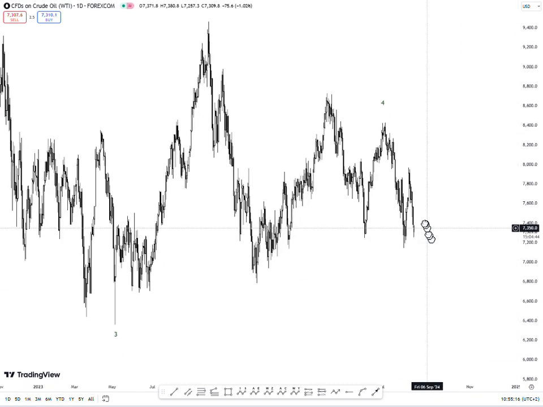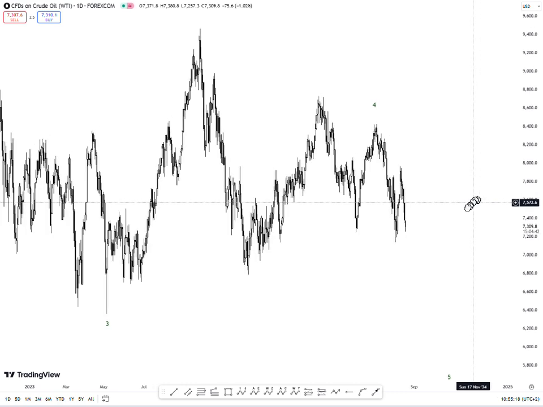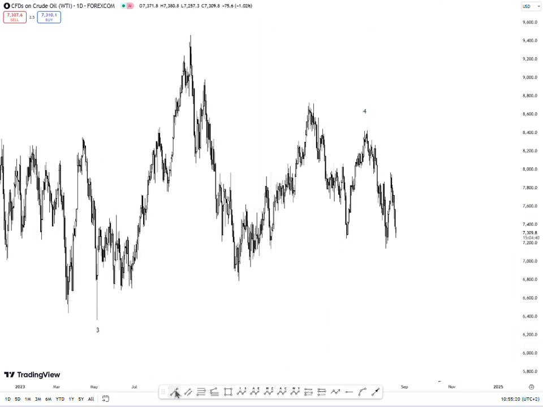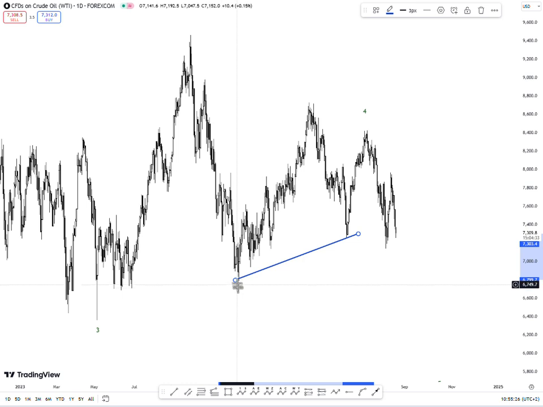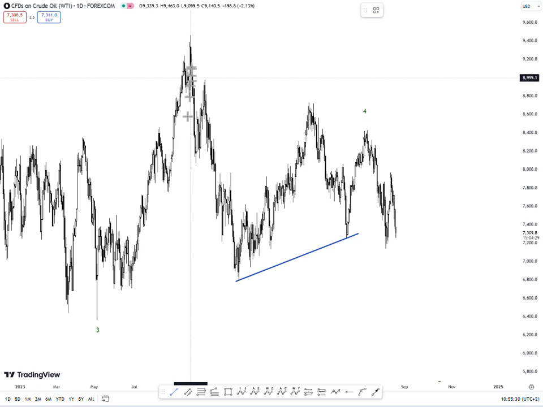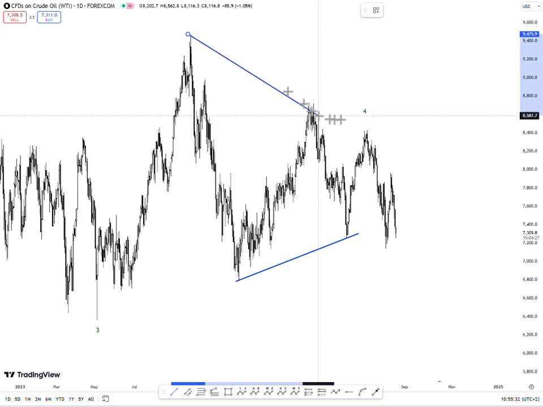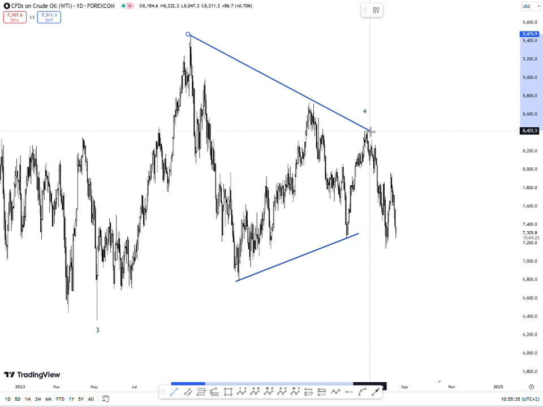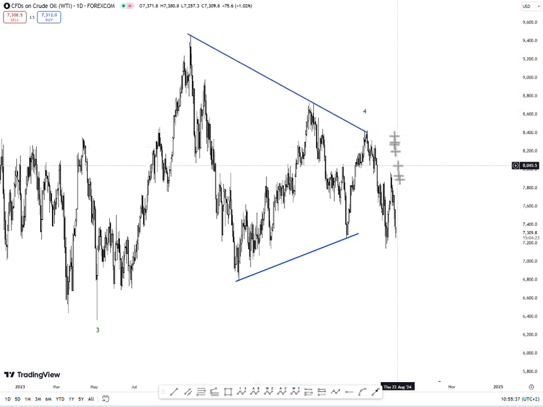The very complex situation to deal with is the triangle right here, or wave 4. So if we look at wave 4 with understanding, then we can conclude that wave 4 finished here.